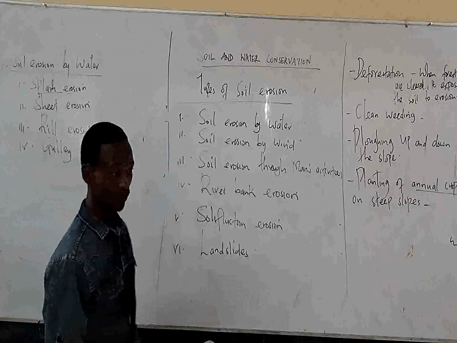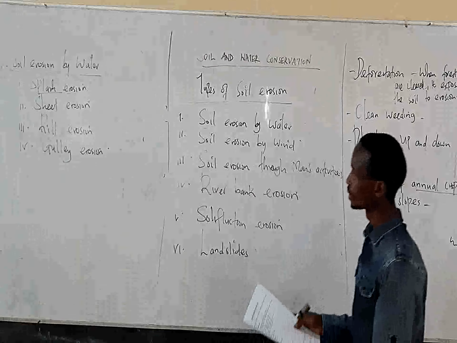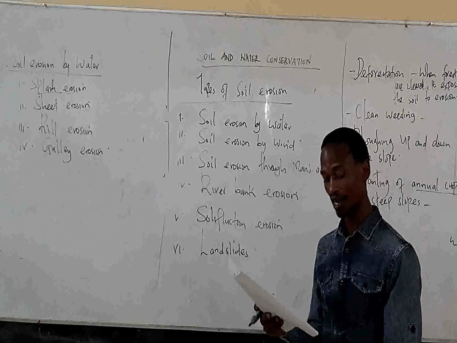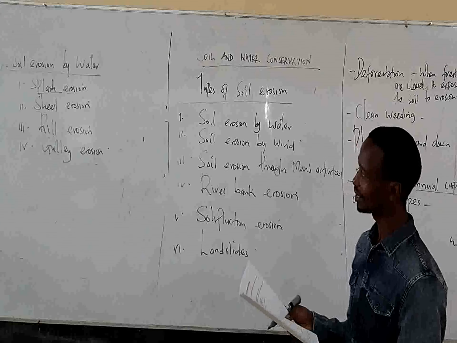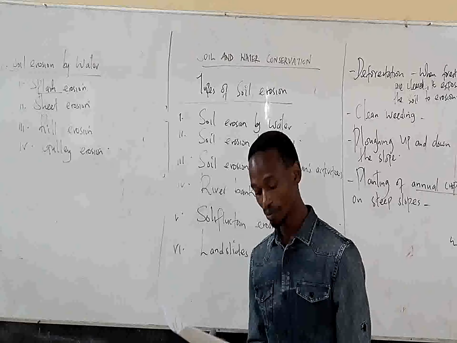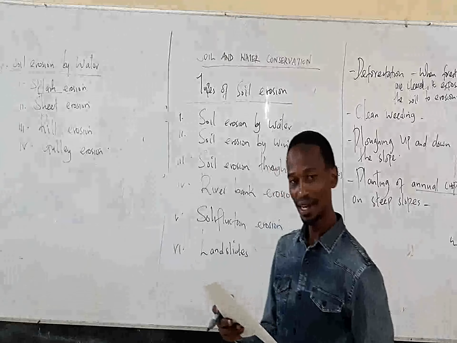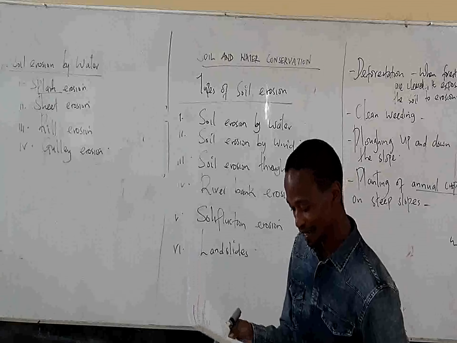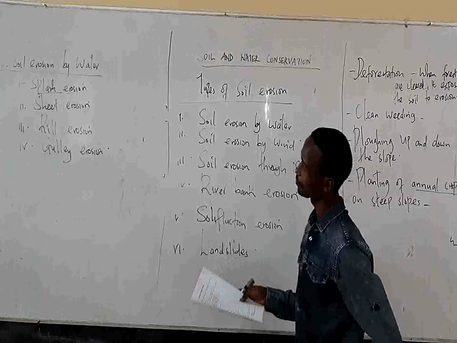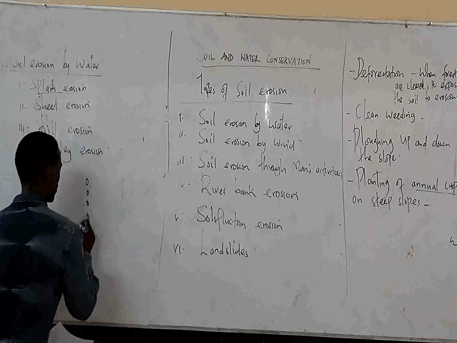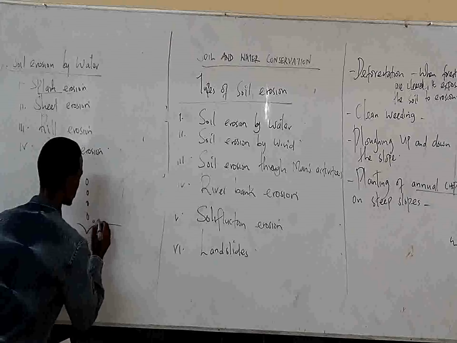Number one, a raindrop falls hitting the ground. Then as it falls, it makes a tiny crater in the ground, or a tiny hole. This is our example. So we are going to have our raindrop falling on the ground.